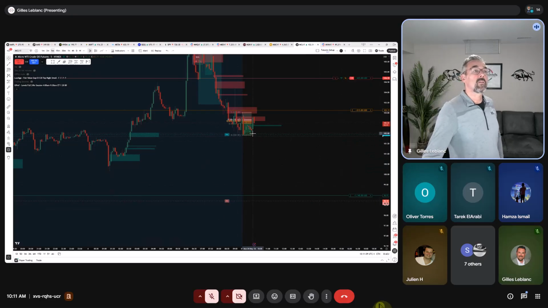I would not necessarily just add on the break. But if it does break below PDC, I will look at it and see if it retests PDC, possibly wicks right above and then rejects that and basically shows that PDC is resistance. Then I would possibly add to the position to keep it running.